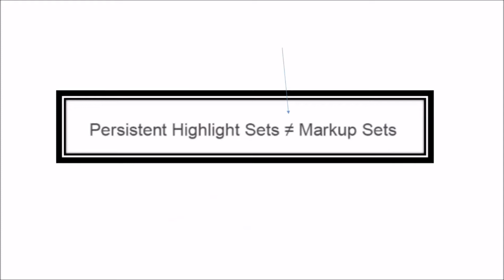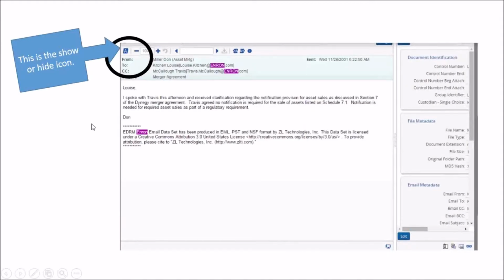The difference between persistent highlight sets and markup sets: the persistent highlight sets are put in there to call your attention to different possibly relevant information. The markup sets are designed to actually code for various issues and other things in the documents.